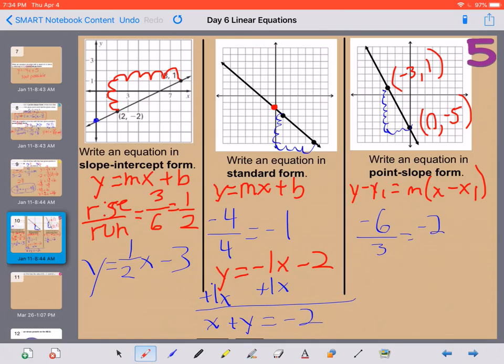I'm going to use negative 3, 1. So it'll be y minus 1 equals negative 2 times x minus x1, which is negative 3, which changes to positive 3.